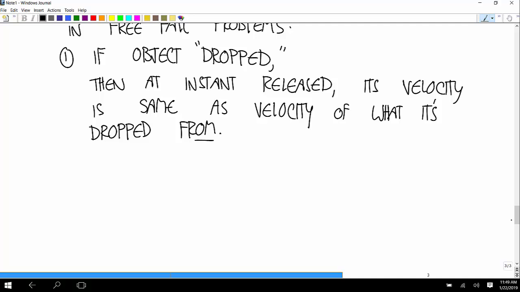Any questions about that? Right now, we're only doing one-dimensional problems, motion along a line, but when we get to two-dimensional problems, that'll work like if you're driving a car at 60 miles an hour and you hold something out the window and let go of it. At the instant you let go of it, it's moving in the car's direction at 60 miles an hour.